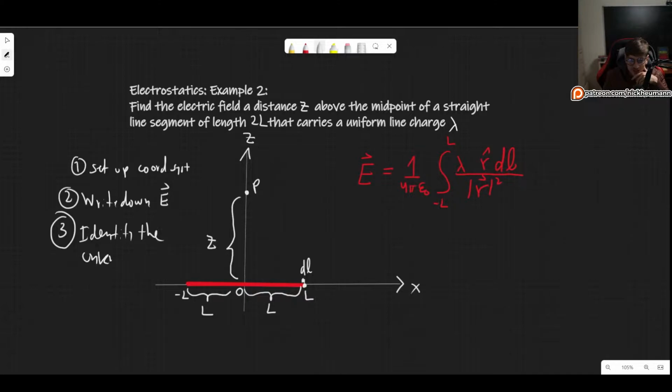What is it that we know in our formula and what don't we know? This here is a constant, so check. Lambda is a constant and it is given, so check. Usually you know what the charge density is. In some problems you can try to figure it out, but in this case we can consider that it is known. dl is part of the integral, so no need to worry about it.